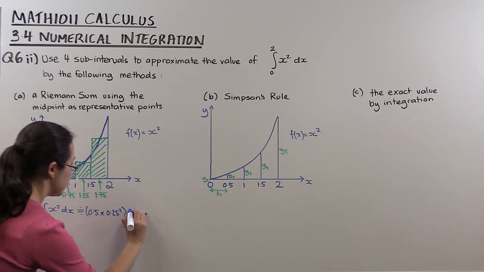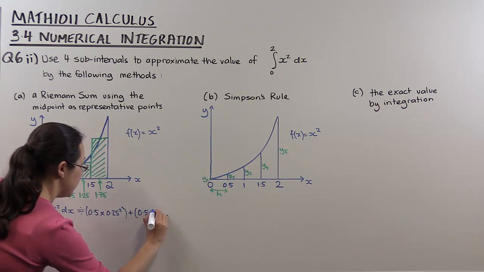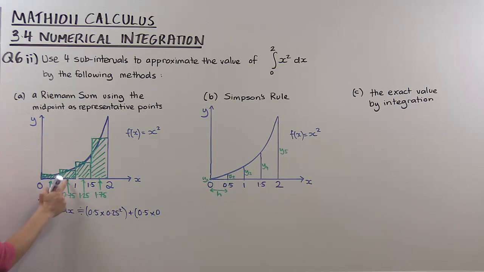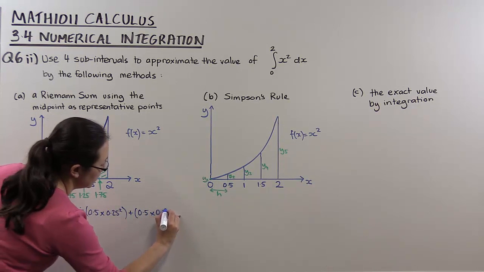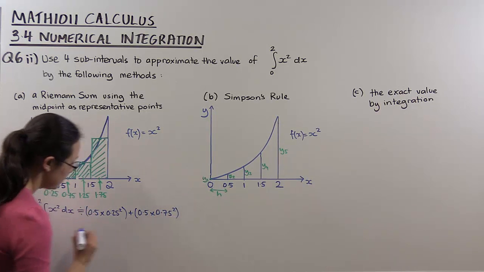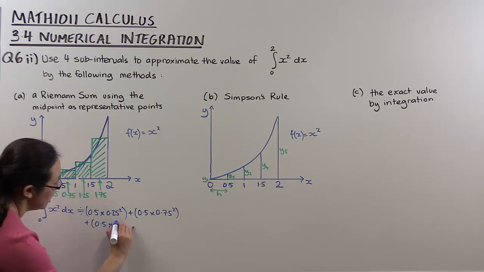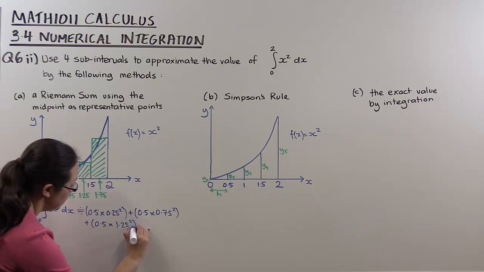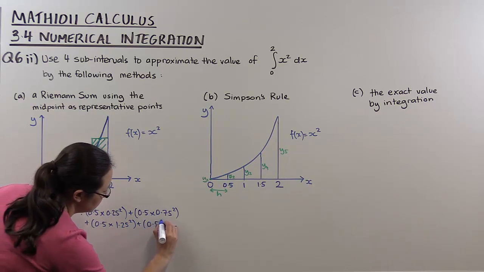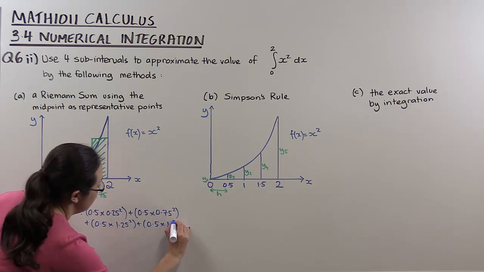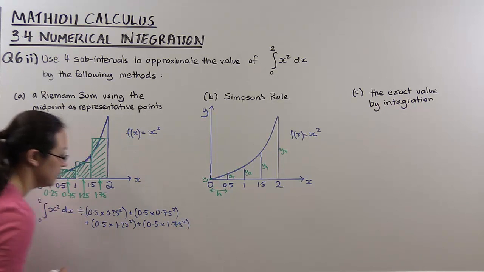The second rectangle has a base of 0.5. It has a height of 0.75 squared. The next rectangle has a base of 0.5, a height of 1.25 squared, and the last rectangle has a base of 0.5 and a height of 1.75 squared.